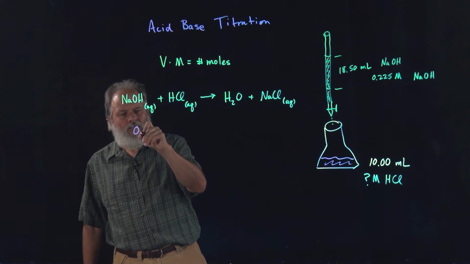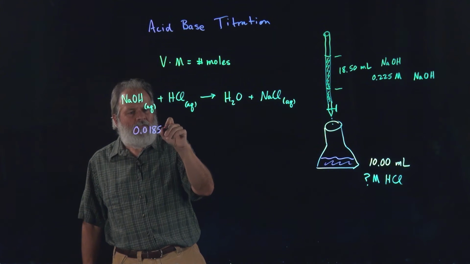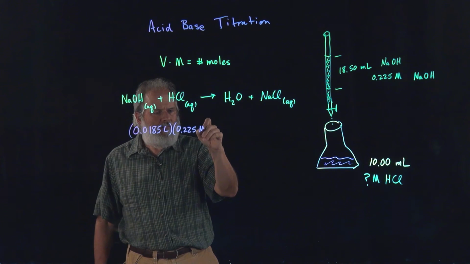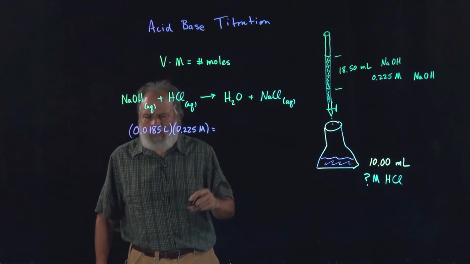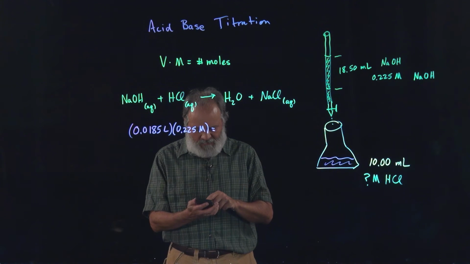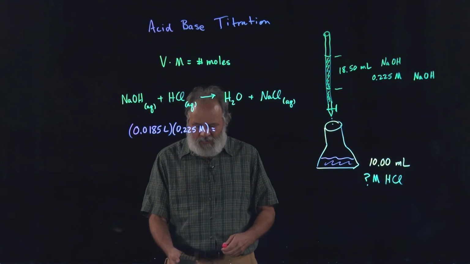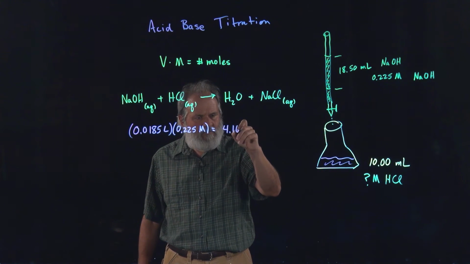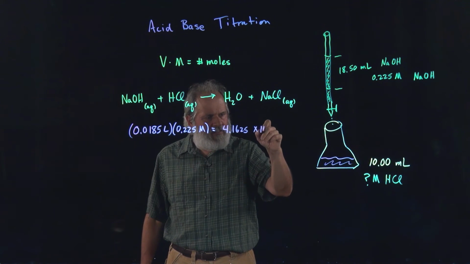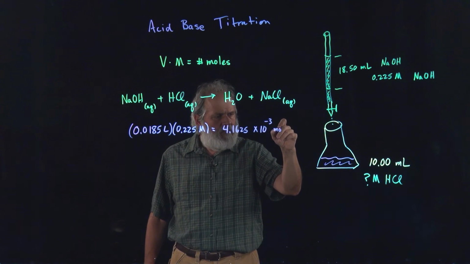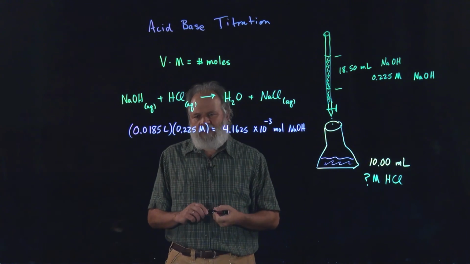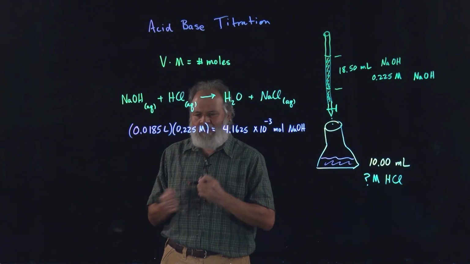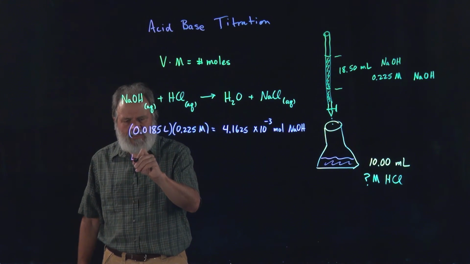So 0.0185 times 0.225, and it's 4.16 times, I'm going to go ahead and do it times the whole thing. Since I have 4.1625 times 10 to the minus 3 moles of base, this reaction tells me I must have exactly that many moles of acid at the neutralization.